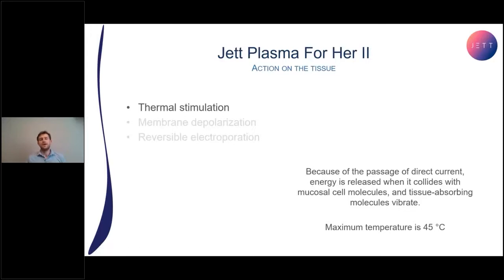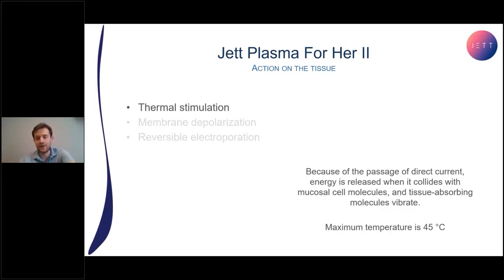So, what are the main effects of this flowing of electric energy around cells? As I have mentioned at the first point, there is still some thermal effect. There is still thermal stimulation, but not as high as if we create plasmatic discharge without any contact gel.